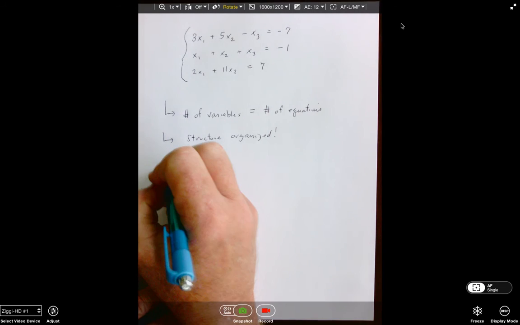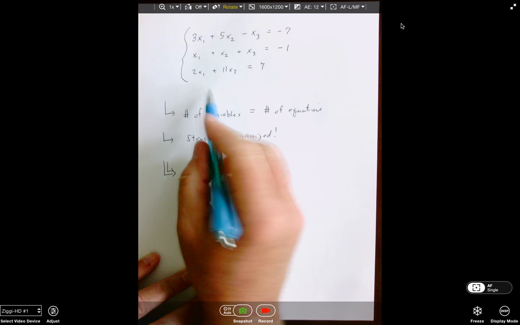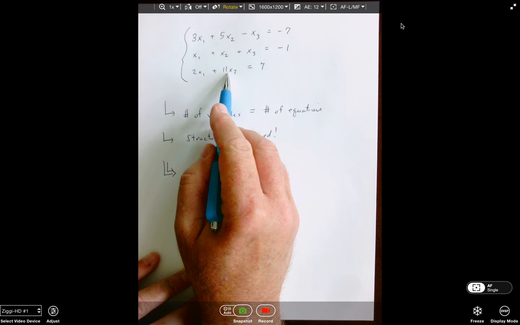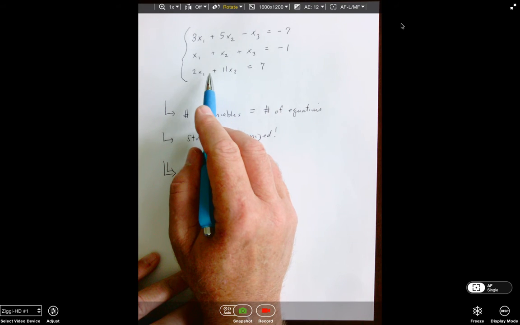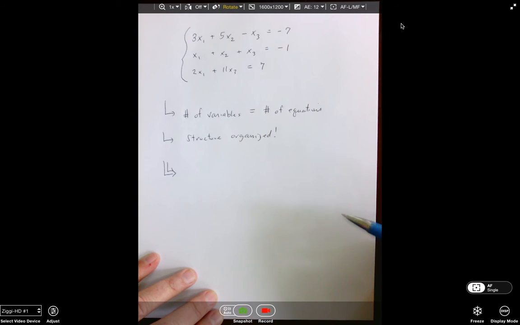So guys, what I see here is some wackiness going on with this last equation. I did that purposely: my x2 is missing. Before I put this into an augmented matrix form, I've got to take care of that.